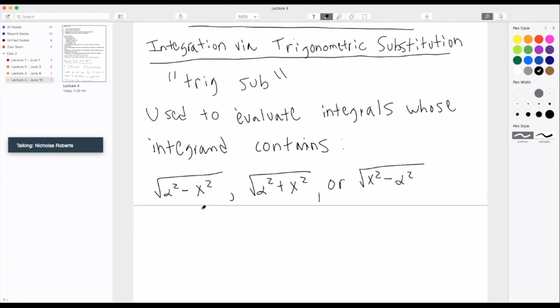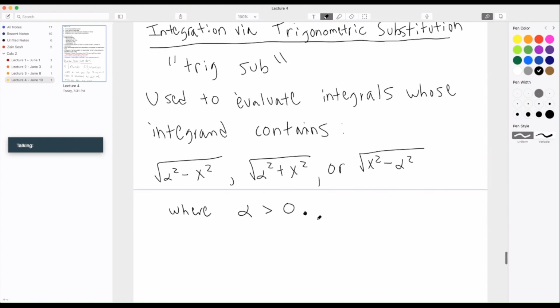Here, alpha is a constant, yes, a positive constant. Alpha is a Greek letter, and in our case it will represent some positive constant. Each of these three square root expressions will be one case, so we're going to have three cases.